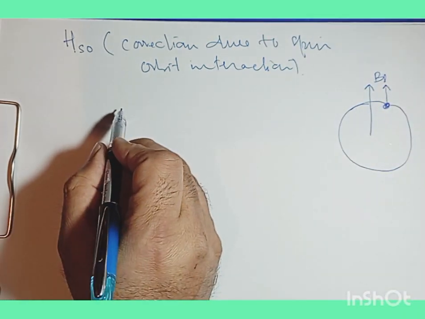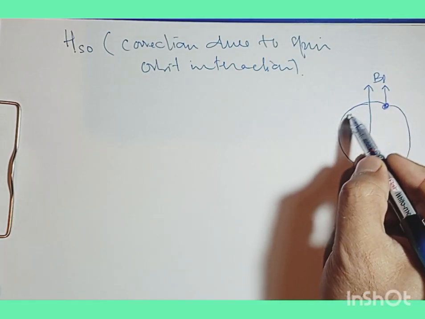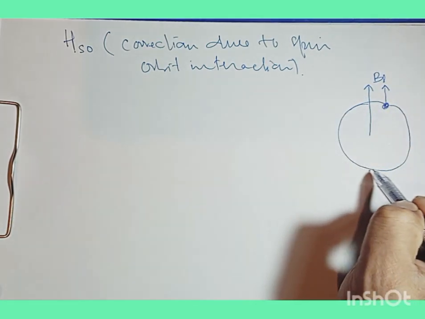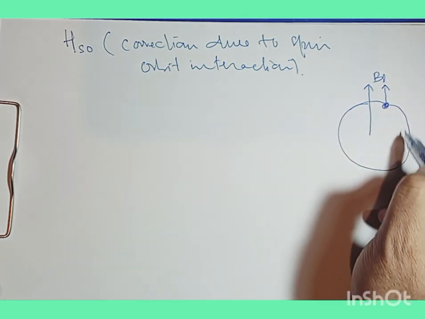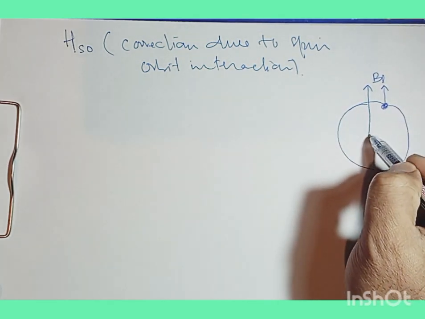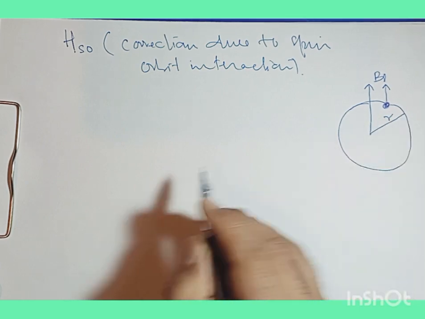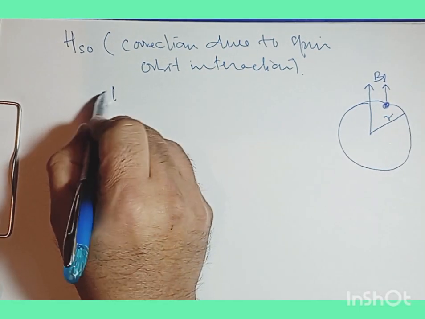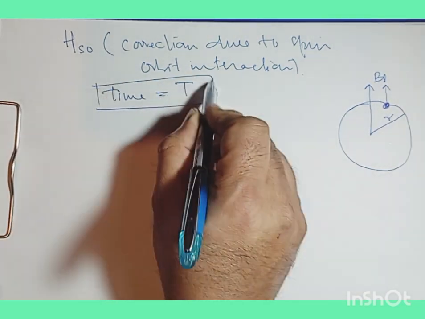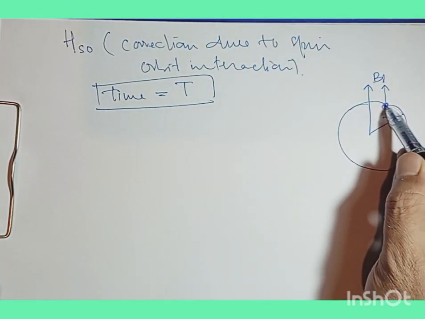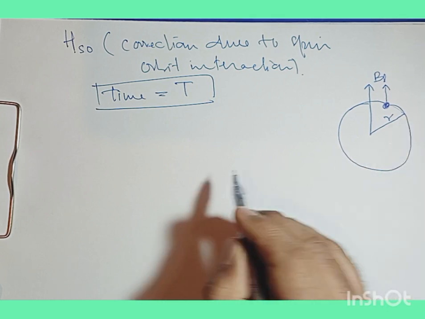So for that, this electron is revolving, and this orbiting electron traverses this circular orbit of radius, say, r, in the time T. I mean, T is the time period of this electron, the time it takes to come back to some assumed position.